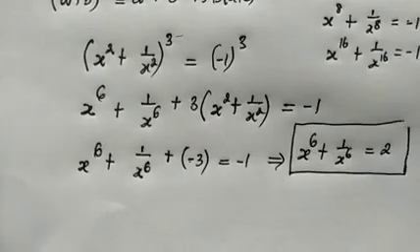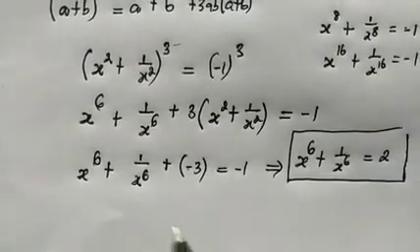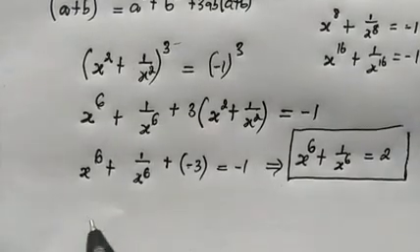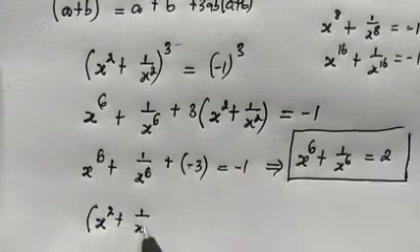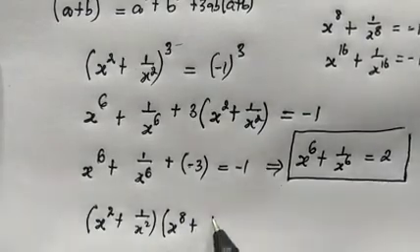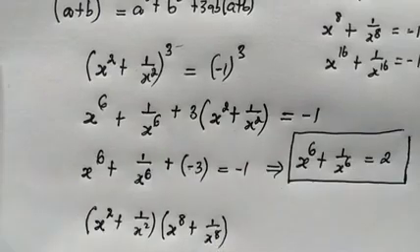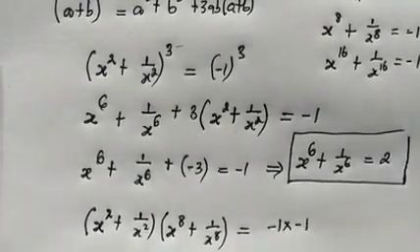Okay, so now from here, we're going to find the value of x to the power of 10 plus 1 over x to the power of 10. So we can get that by multiplying x squared plus 1 over x squared by x to the power of 8 plus 1 over x to the power of 8. Correspondingly, this is -1 times -1.